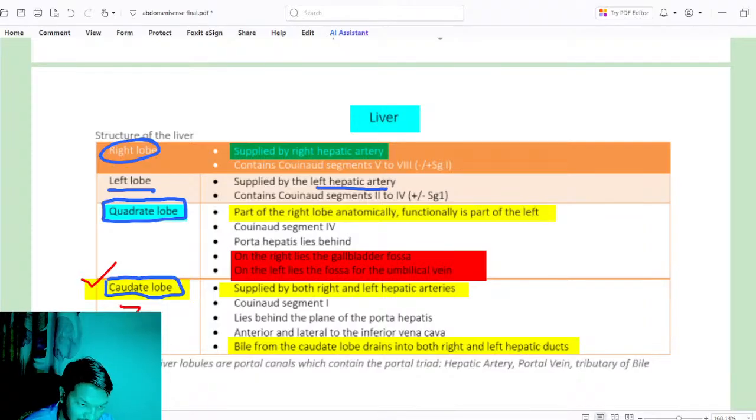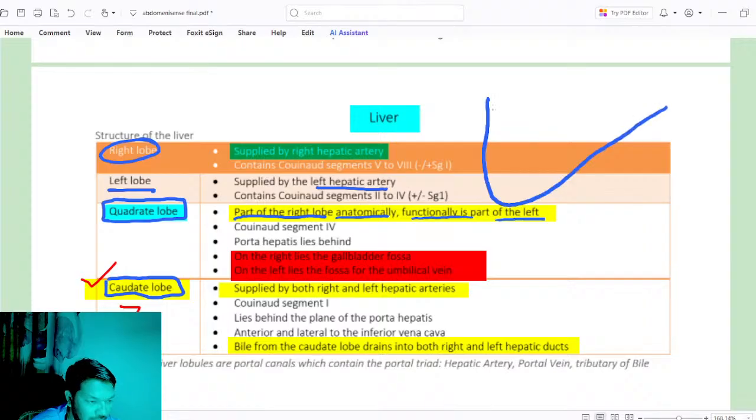Quadrate lobe: it is part of the right lobe anatomically and functionally part of the left. This is very confusing. Quadrate lobe anatomically belongs to the right lobe. Suppose this is the liver.